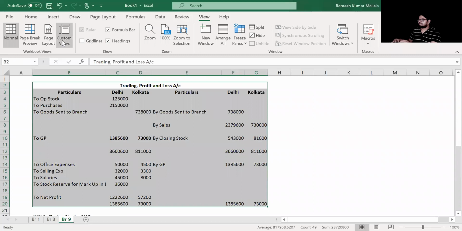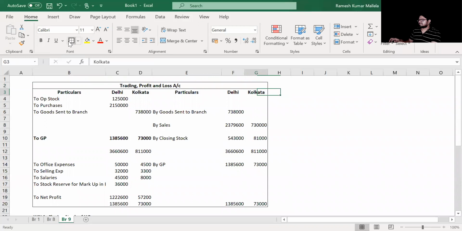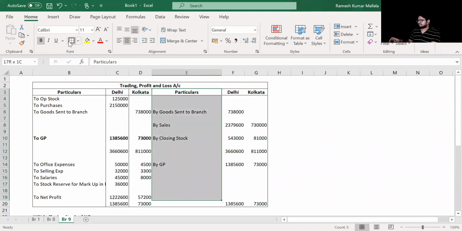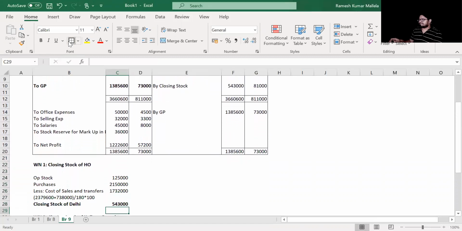So let me properly put marks. Okay. Clear? So this is my account and these are my working notes.